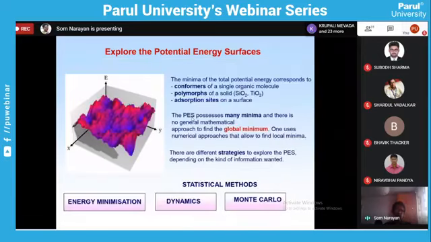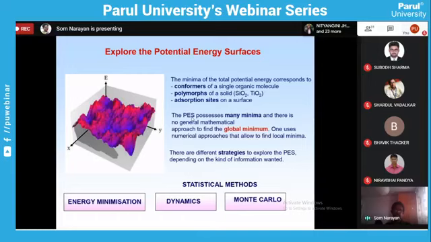So we can confirm that from molecular mechanics you are not able to get the global minima of the system, that is the ground state of the system. So you have many local minima that can be used for further equilibration to get the ground state.